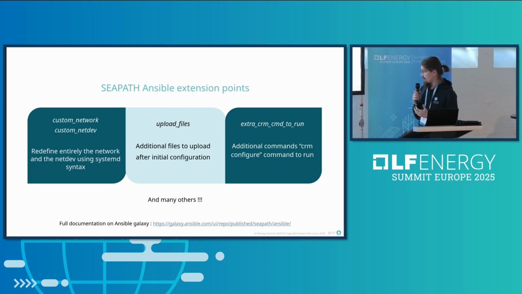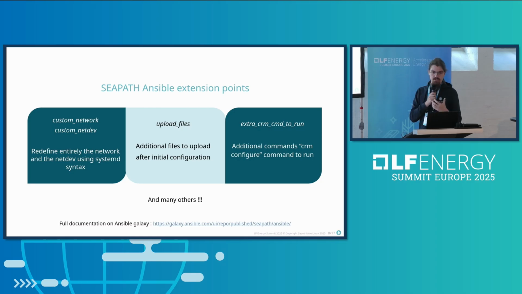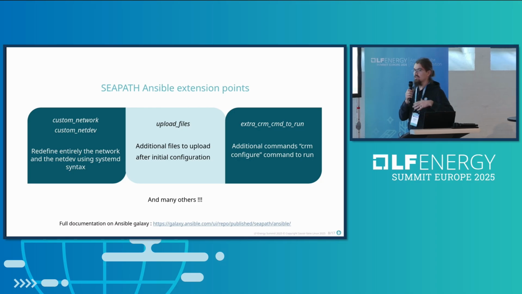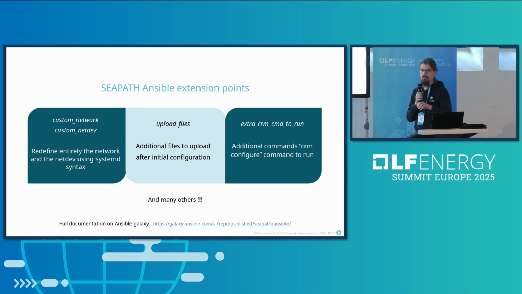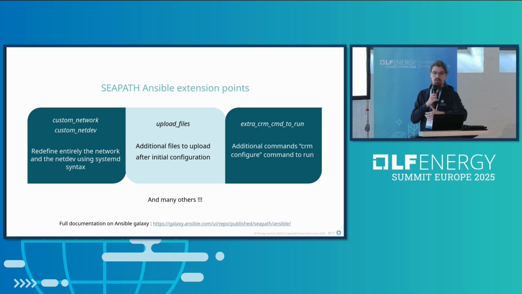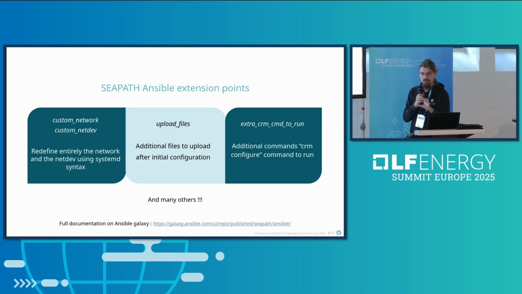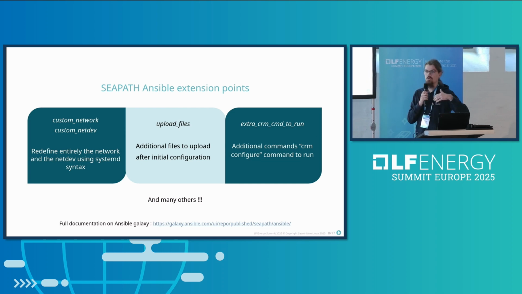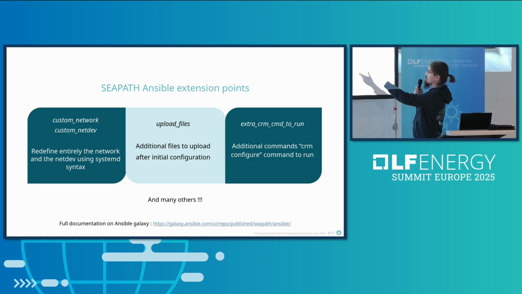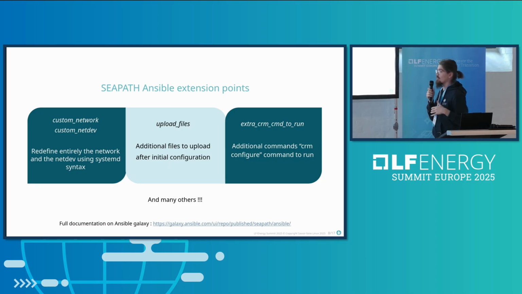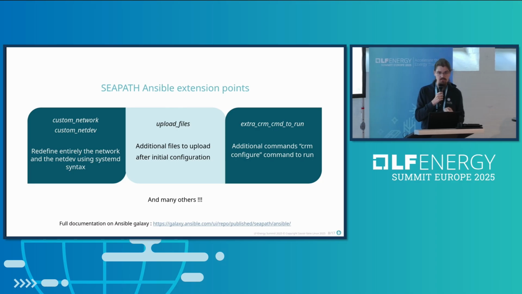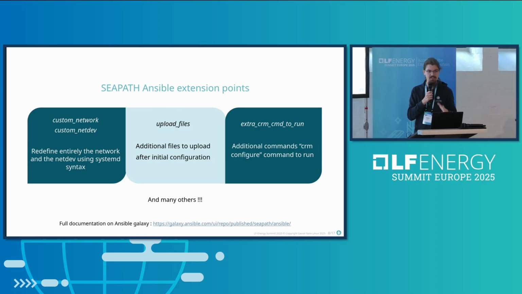We also provide extension points in Ansible. So if you want to entirely redefine a specific point of your configuration, or if you want to have extended possibilities on Ansible, we provide these points, so you don't have to rewrite a playbook or rewrite a role yourself. Some examples, there are many others. The custom network on NetDev allows you to completely redefine the network of a machine, so you don't rely on the standard CPaaS network.